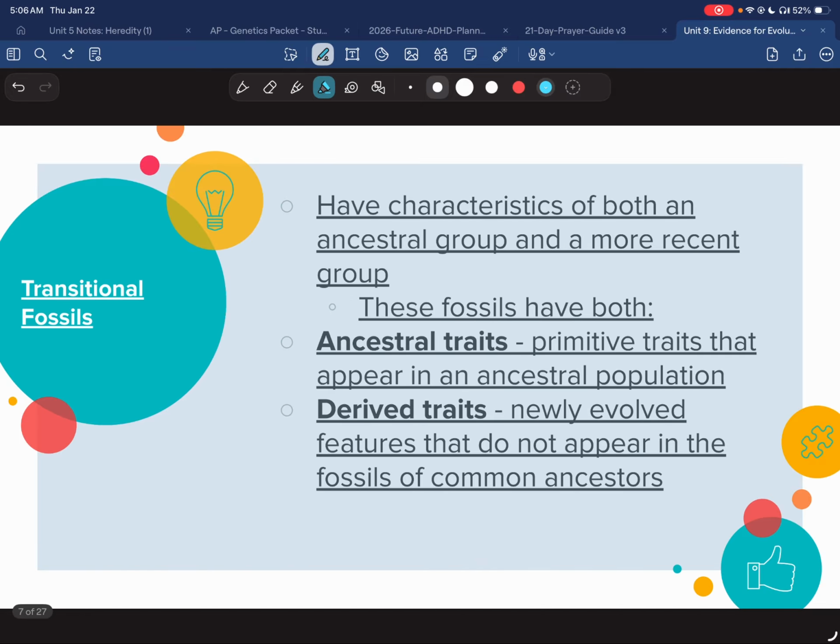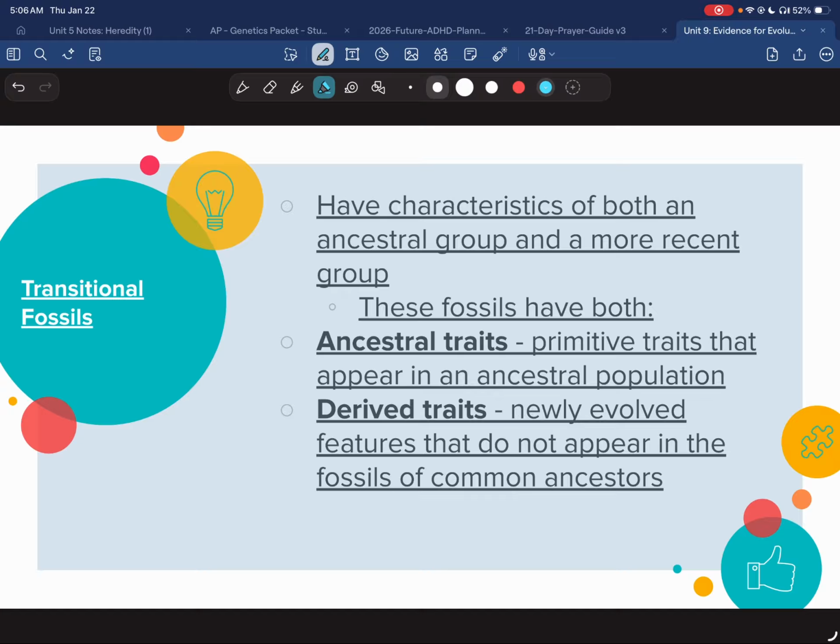Okay. Transitional fossils. When we're talking about transitional fossils, they are probably the most important because they can show characteristics of two groups, the older group and the more modern group, right? And they show how those transitioned from one group to the next.